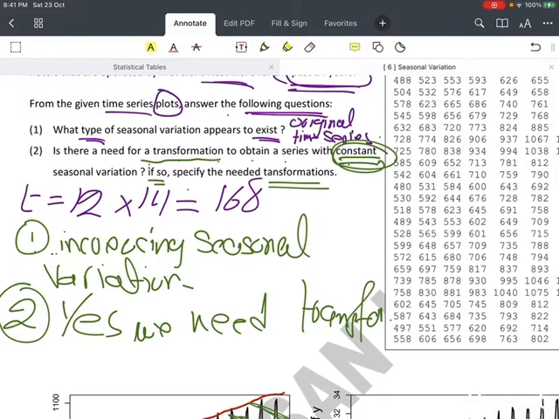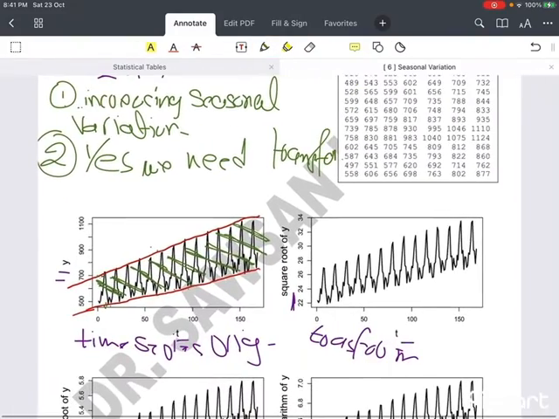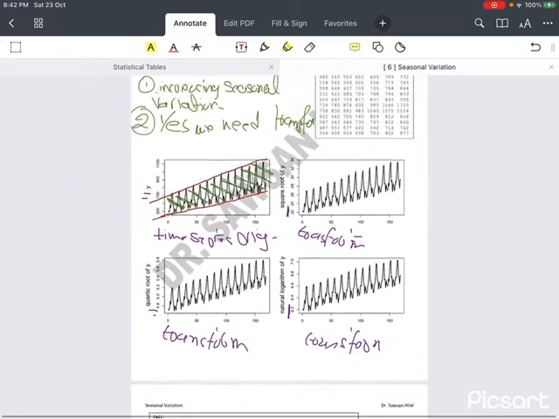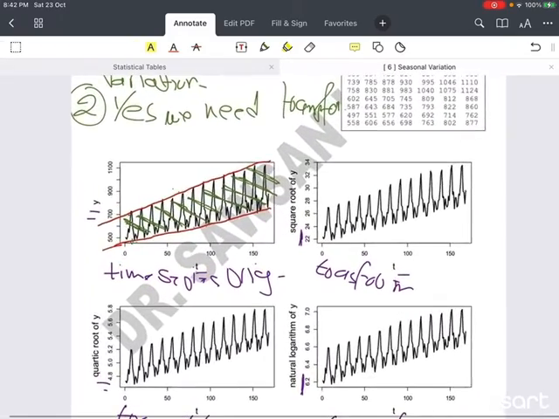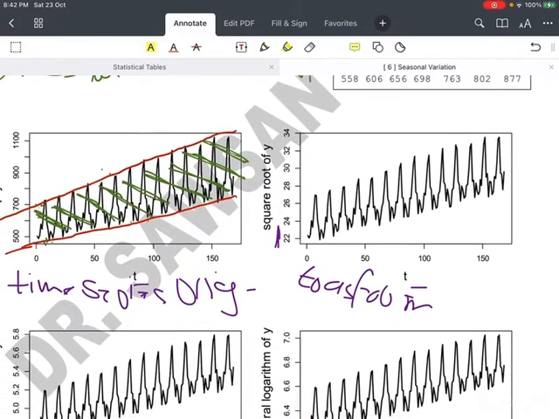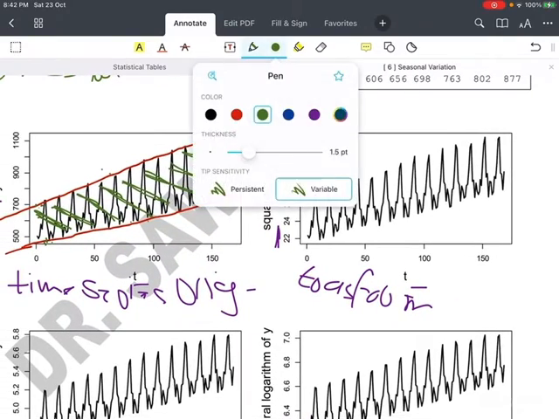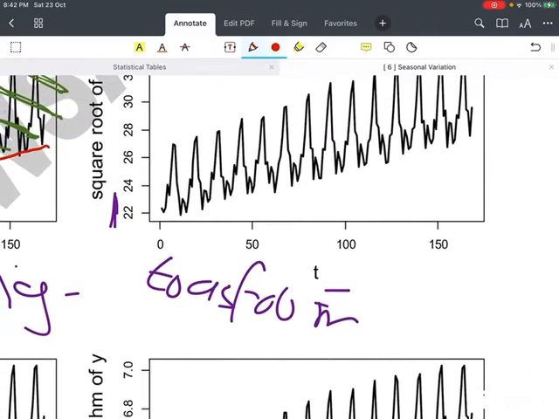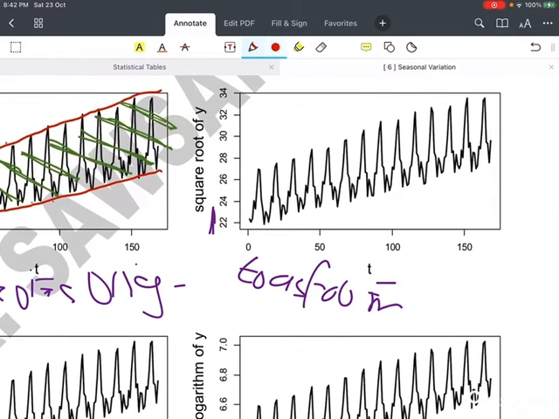Now it asks what type of transformation we need. We will check these graphs, 3 graphs. Also we will draw the lines here and here.